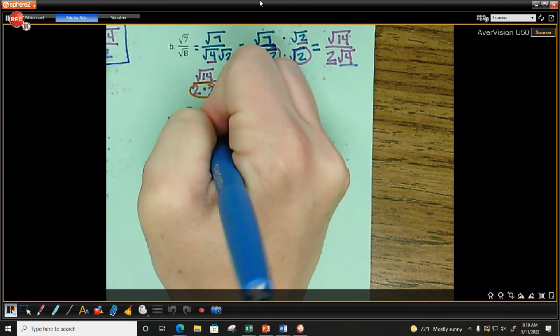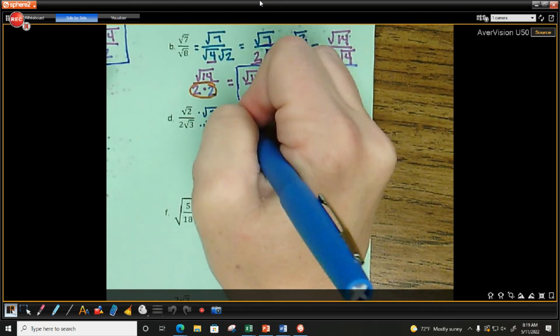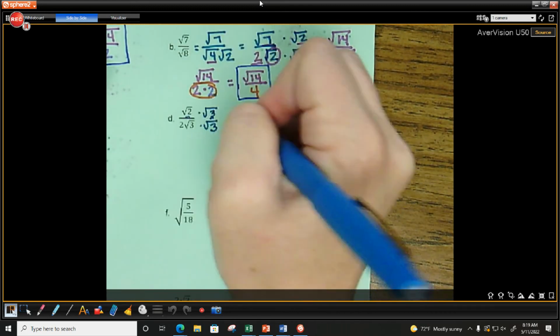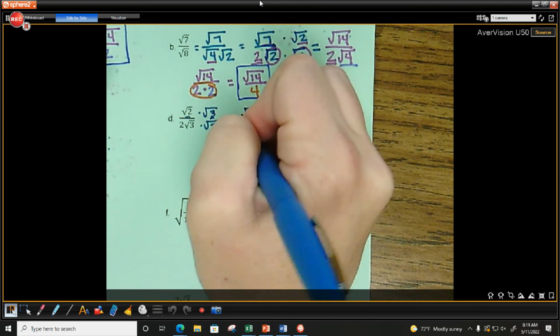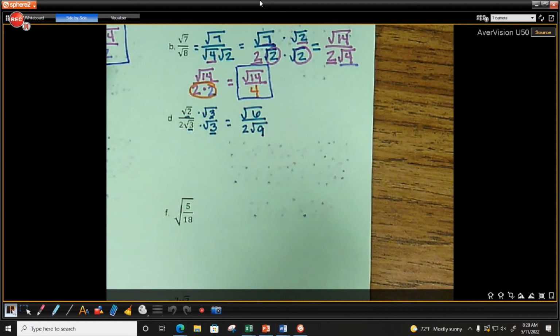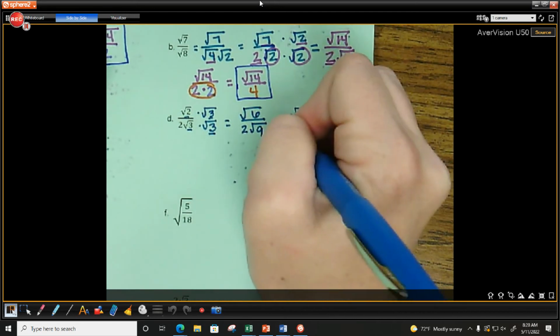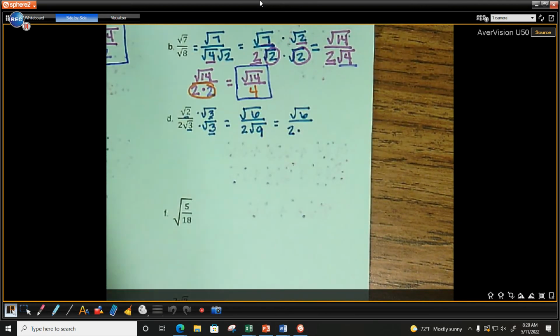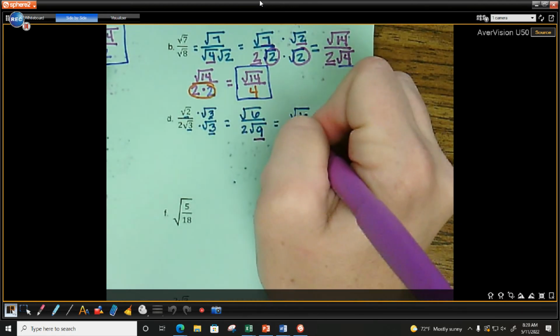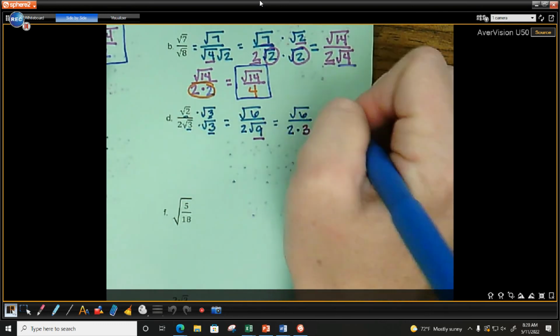So this becomes square root of 6 over 2 square root of 9. Square root of 6 over 2 times square root of 9, which is 3. This becomes square root of 6 over 6.